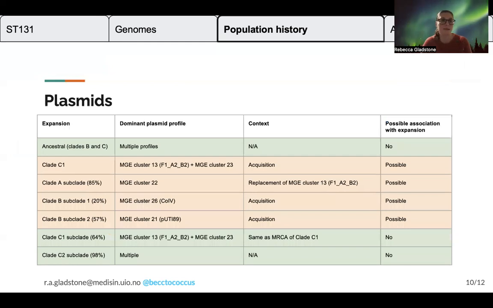To summarize the plasmids, again, we have the 7 different expansions listed here. The dominant plasmid profile, and then the context: is that the same as their most closely related ancestors or not? And when looking at that data, we can see that there are possibly 4 different expansions that are associated with plasmid acquisition, which is the majority, so 4 out of 7, and more than with the AMR.